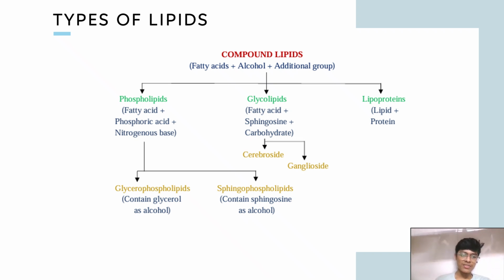The phospholipids are further classified into two types: glycerophospholipids and sphingophospholipids. The glycerophospholipids contain glycerol as an alcohol, and the sphingophospholipids contain sphingosine as an alcohol. The glycolipids are also further classified into cerebrosides and gangliosides.